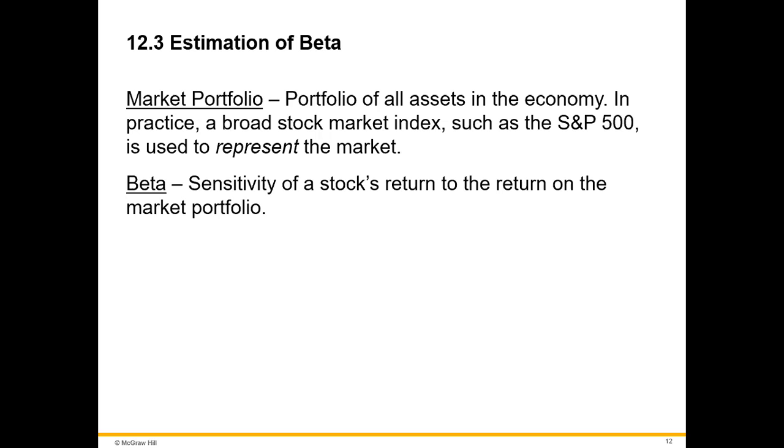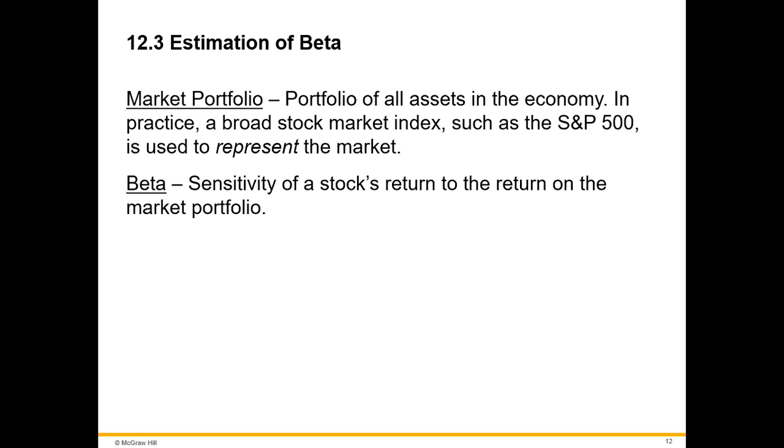Finally, beta. How do we estimate beta? So we've talked about beta and how to calculate it. And the formula is given on page 362. Okay. So remember, the beta is the covariance of a security with the market divided by the variance of the market.